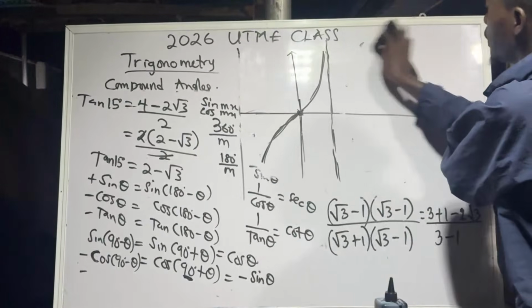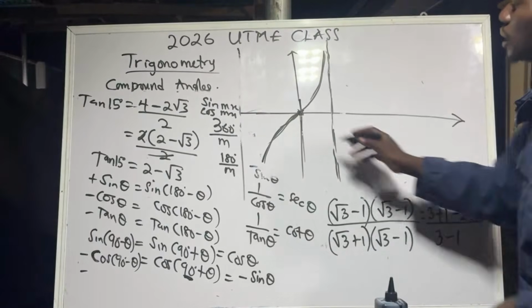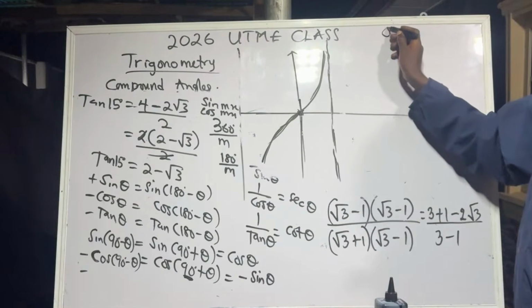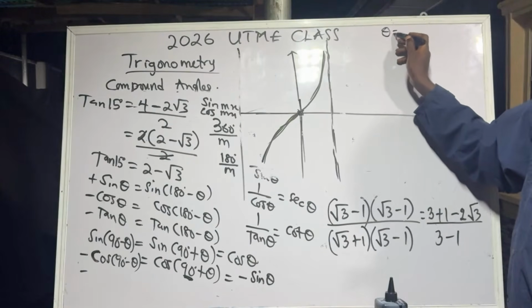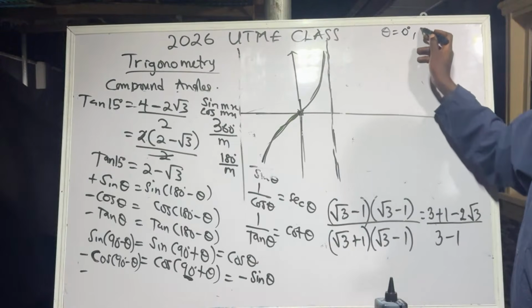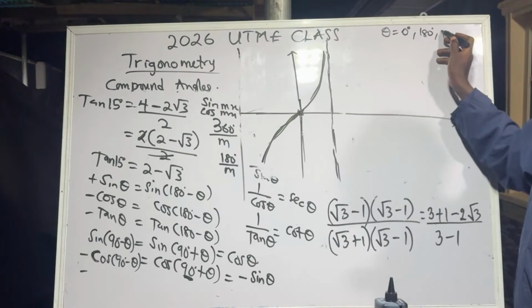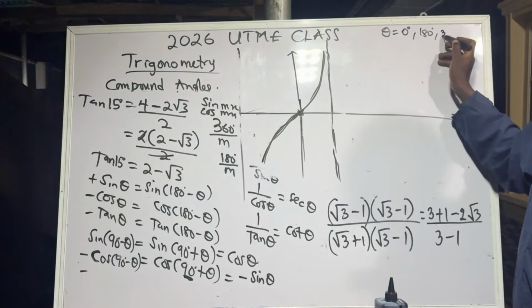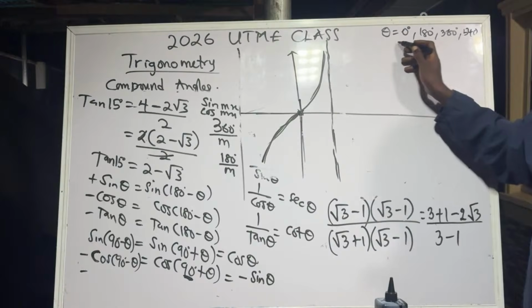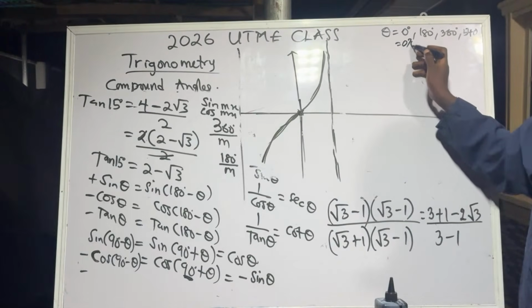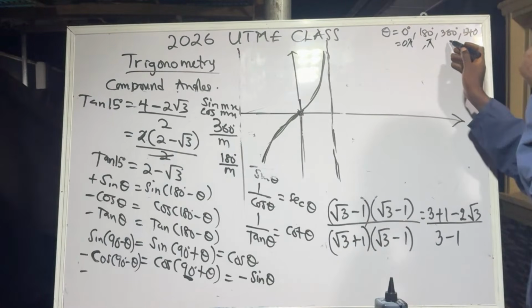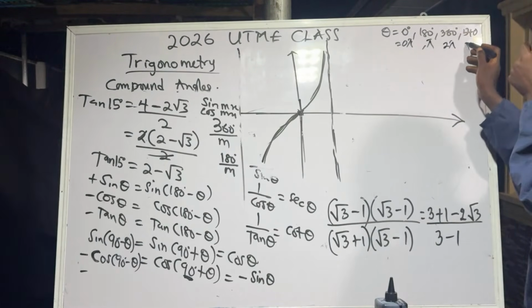So be very careful. And again, it will now intersect with your x-axis at theta equals 0, 180, 360, 540, and so on like that. So this one is 0 pi, 1 pi, 2 pi, 3 pi.